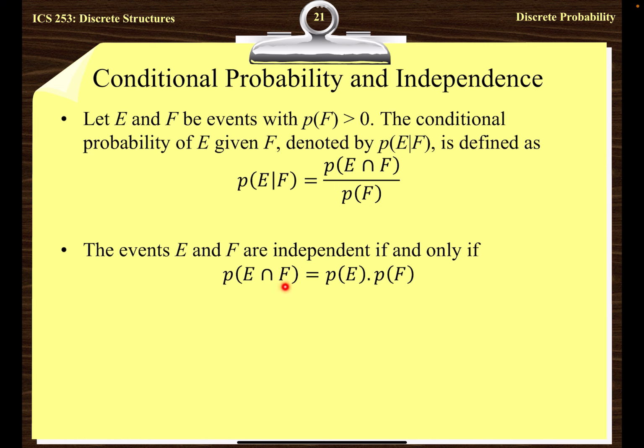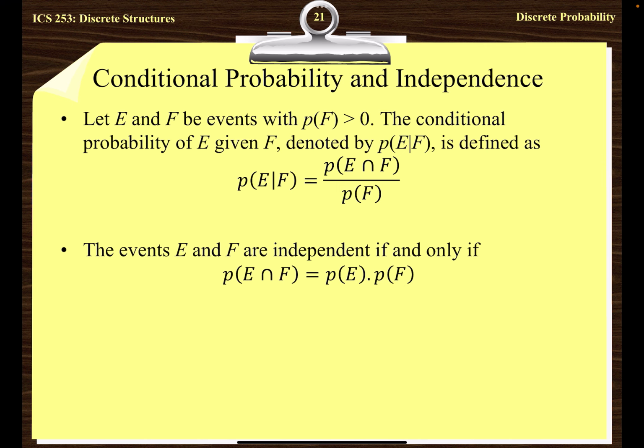So probability of E intersection F is equal to the probability of E multiplied by the probability of F. Now, I would like you to look at this and tell me, do you see any common thing between these two definitions?